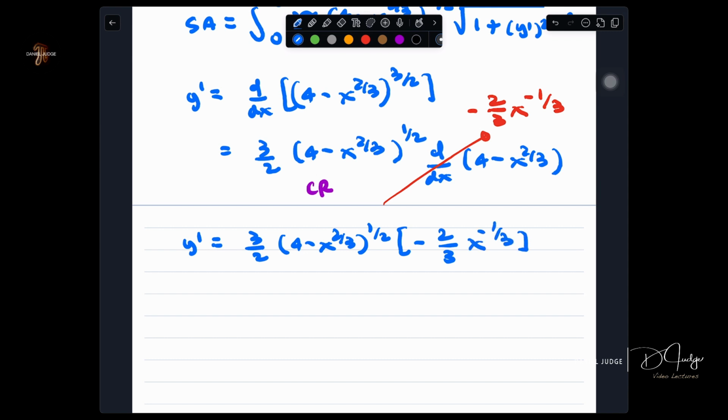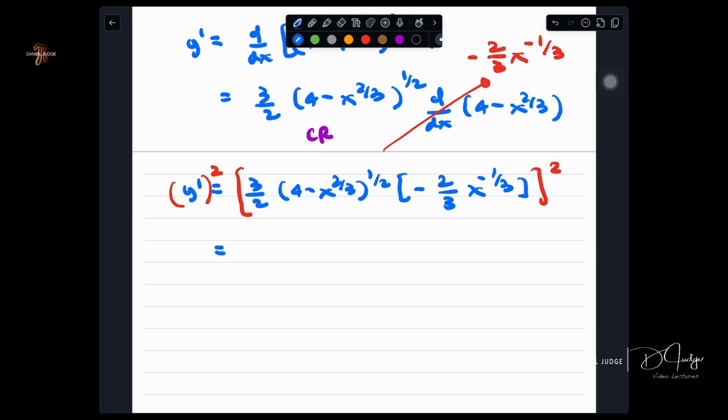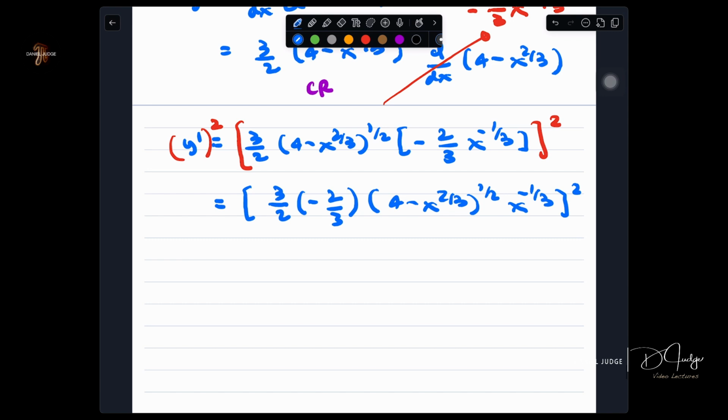Okay, we're going to square this here. And let's move some terms here first before we square. And this portion here looks like it's going to be -1.